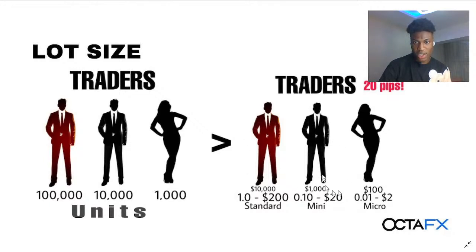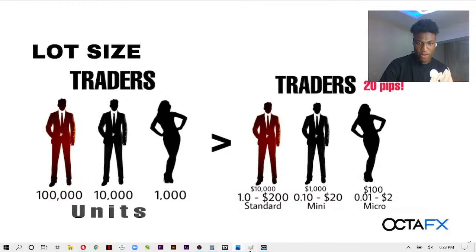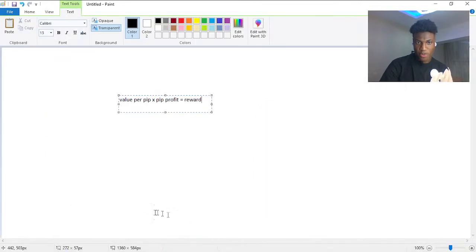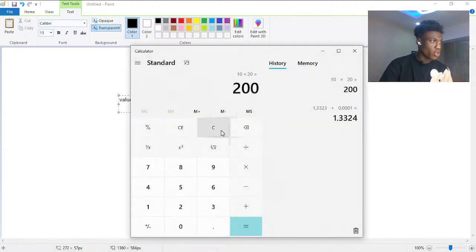Now this second guy decides to use a mini lot size, the same 20 pips, right? Remember the formula: value per pip multiplied by pip profit gives you your reward.